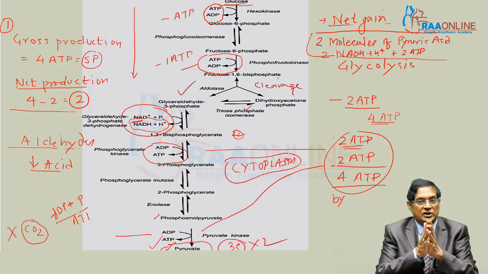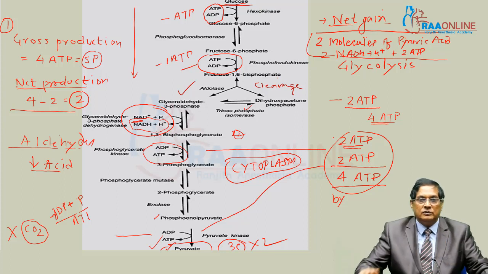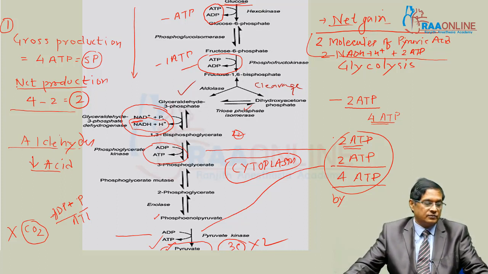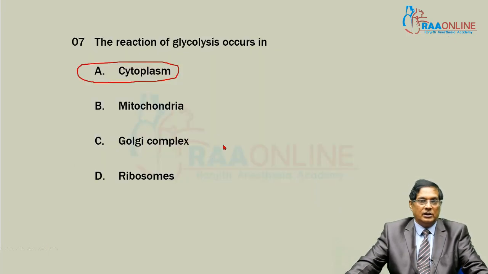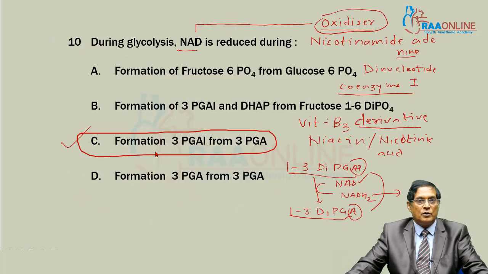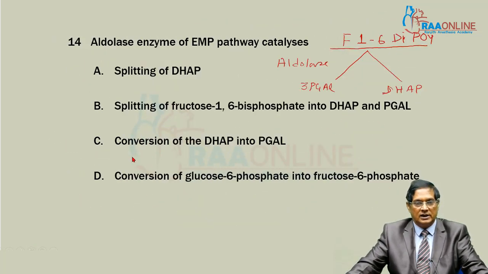And one more speciality, if required, these two can combine and form back fructose 1,6-diphosphate. So this is the multiple utility of this cycle. If you make the cycle and learn properly, you are able to attempt a number of questions related to glycolysis.